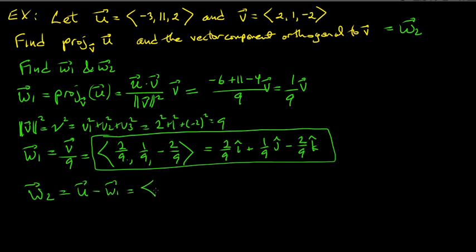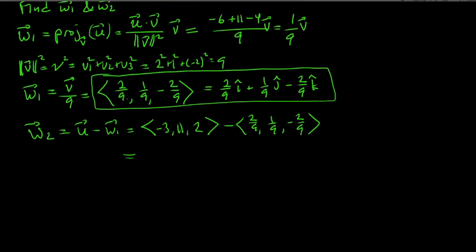So u was the vector negative 3, 11, 2. Now we just have to take away this vector 2/9, 1/9, negative 2/9. And so we're just going to get a lot of fractions here. Negative 3 times 9 is negative 27, minus 2 is negative 29 over 9.